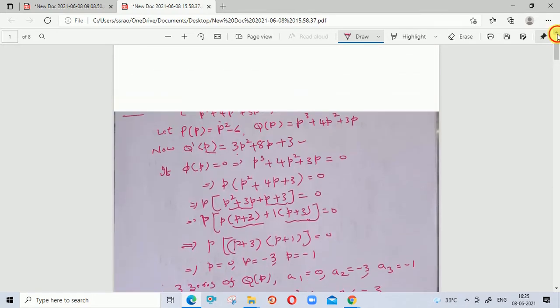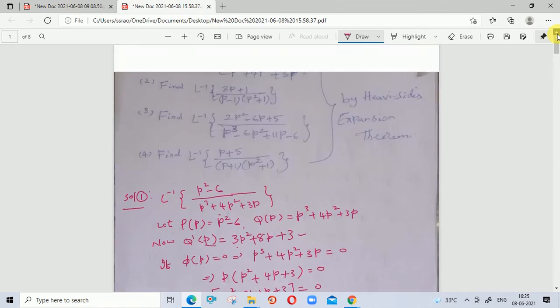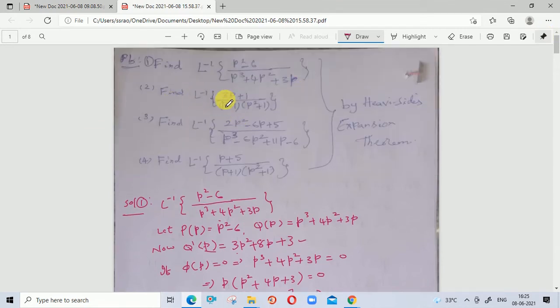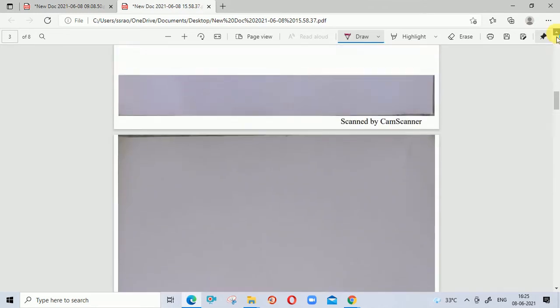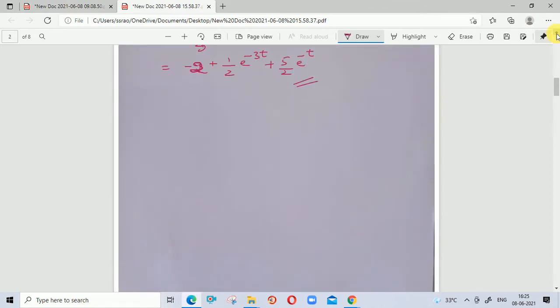Find L inverse of 3p plus 1 divided by p minus 1 into p square plus 1. Second problem solution.